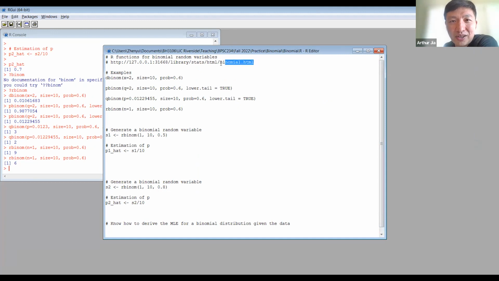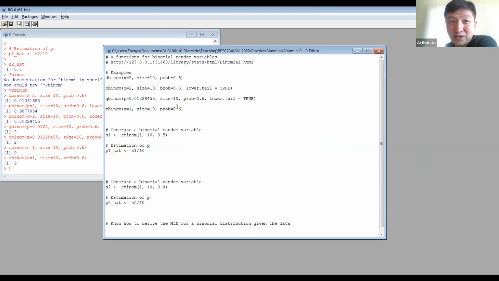All right, so here I will give you an address from which you can find some R functions that are associated with the binomial. For example, we have 4 functions here. For these 4, you can see binom in each of them, right?